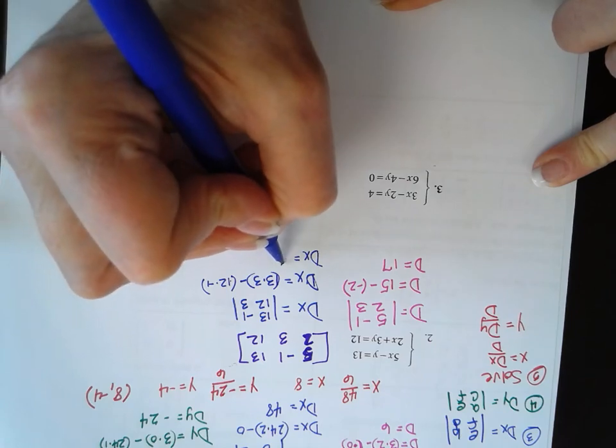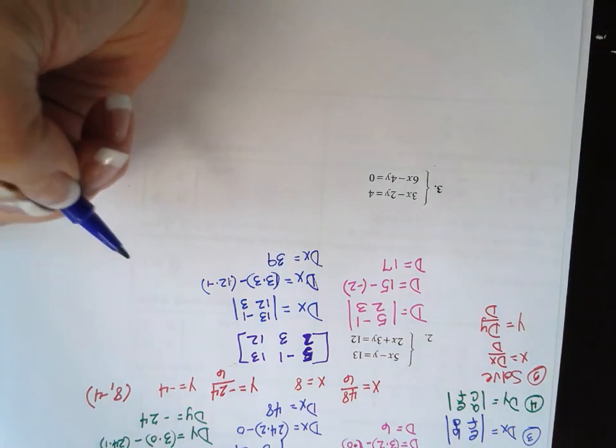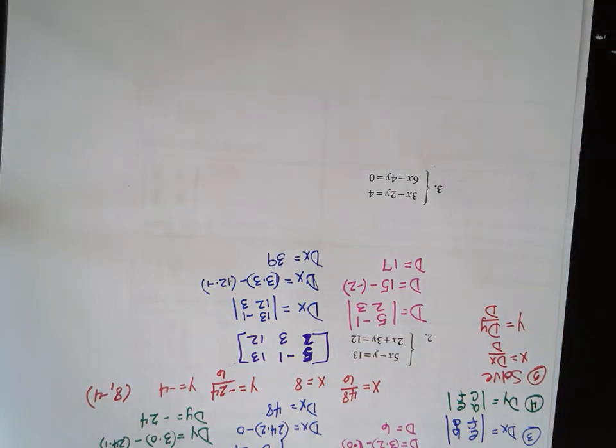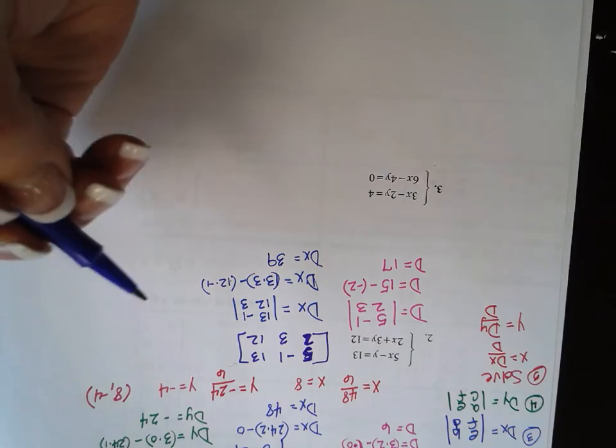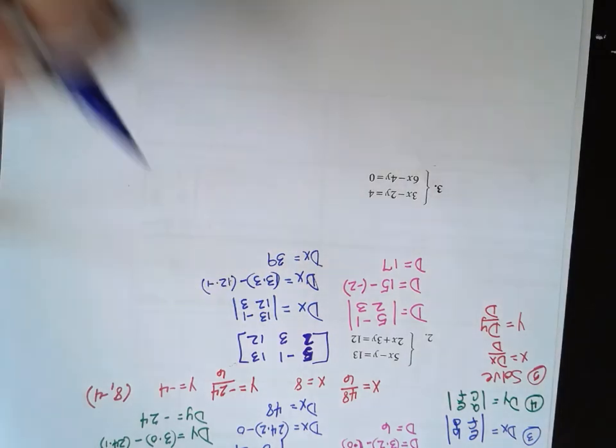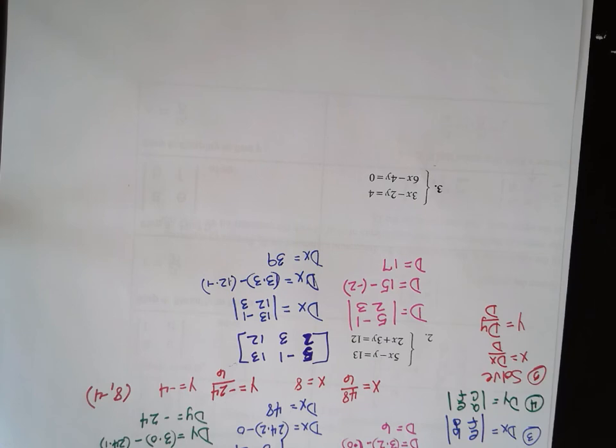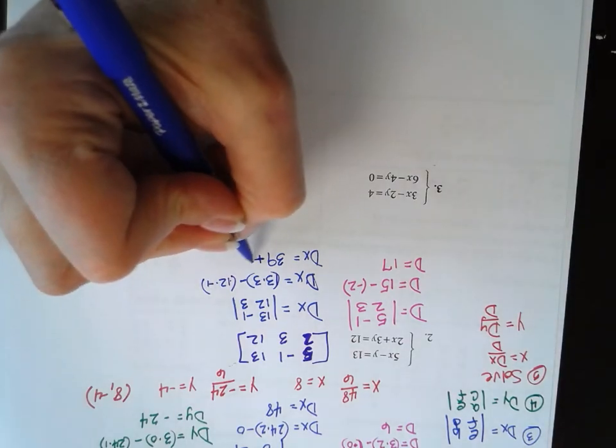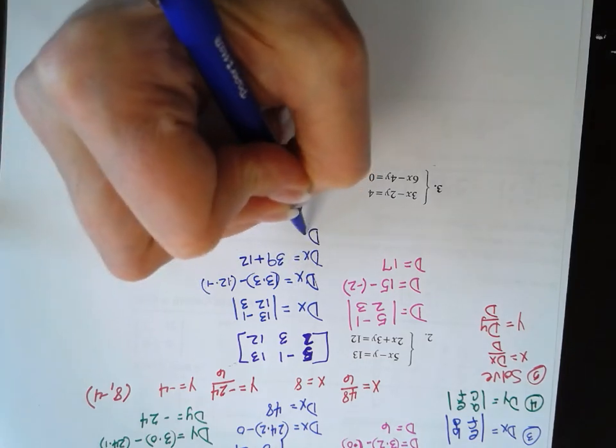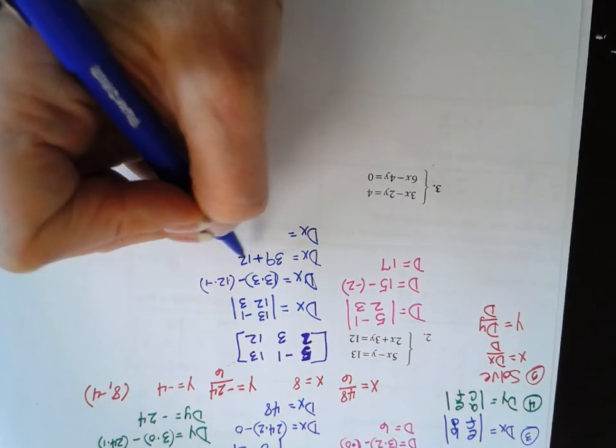Is it possible to be first? No, it doesn't have to be. Either way, flip-flop won't matter. So I have 39 plus 12. So my determinant of x is 51.